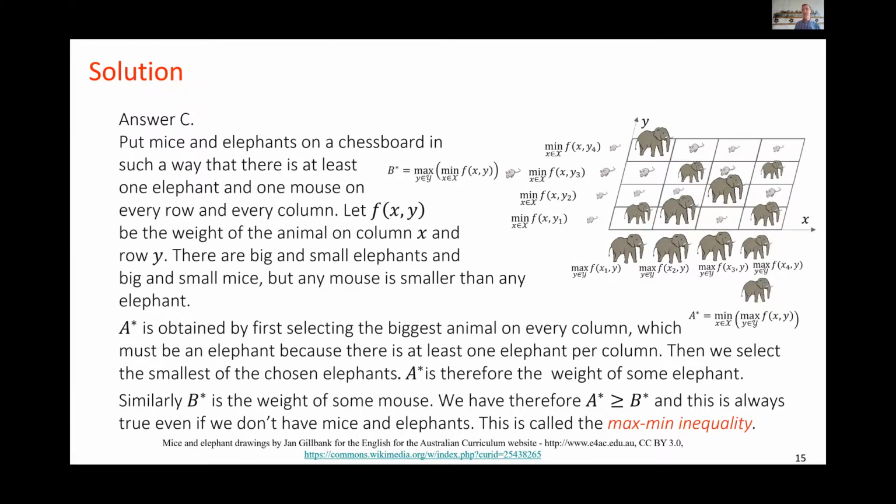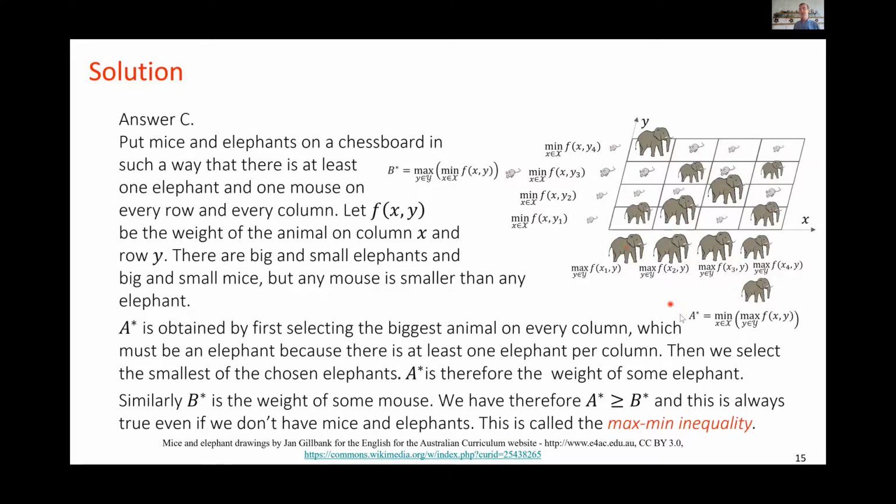I obtain the weight of the smallest of these elephants. So we obtain the min of max, that's the weight of an elephant. The max was always an elephant, and the min of max is the smallest elephant that was chosen, while the max of min is the biggest of the mice. Now I assume a mouse is always smaller than an elephant, even if the mouse is big and the elephant is small.